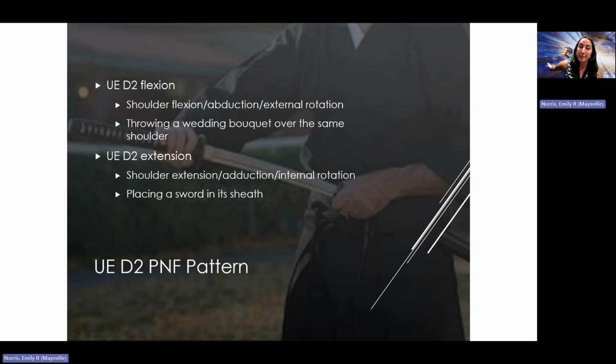That's D1 for the upper extremity. D2, grab your seatbelt and buckle it in. That's D2, flexion and extension. Again, whether it's called flexion or extension is based on what movement your shoulder joint, your proximal joint, is moving towards. So flexion and extension for D1, and flexion and extension for D2.